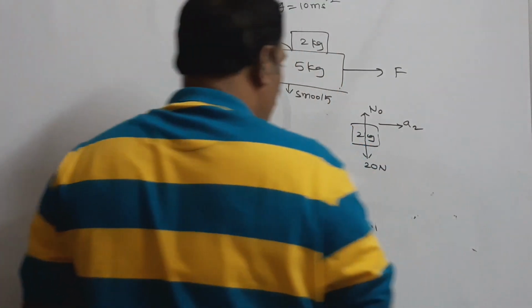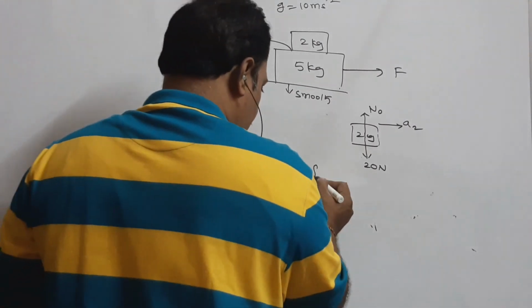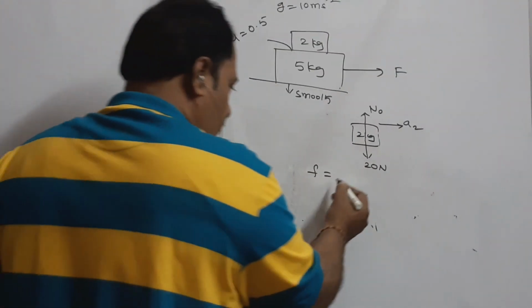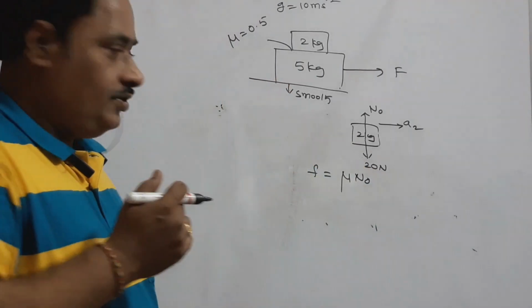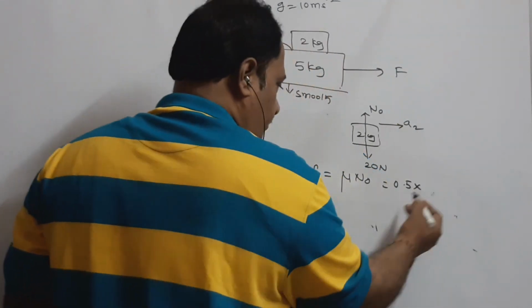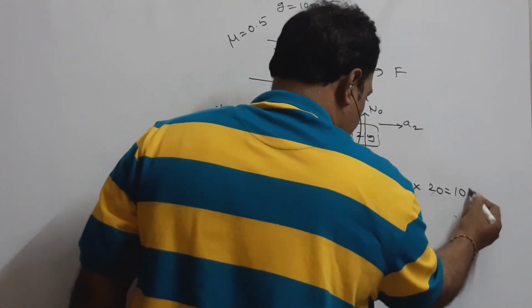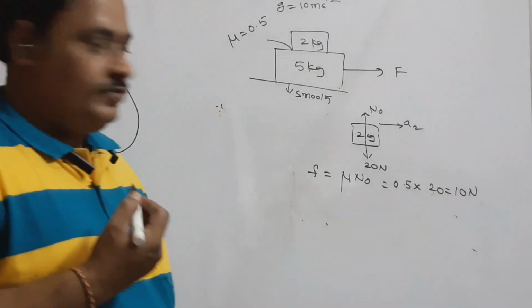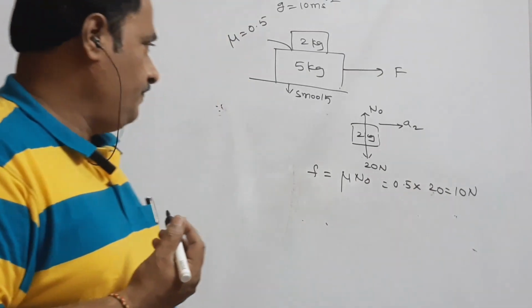The frictional force, if I consider, let it be F, which is mu into normal reaction. Mu is 0.5 and normal reaction is 20. Hence, let it be 10 Newton. The maximum frictional force can be taken as 10 Newton.